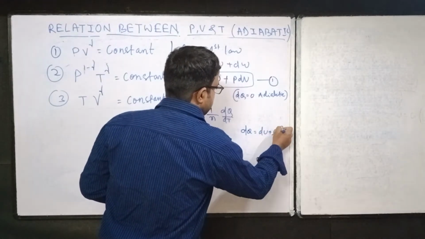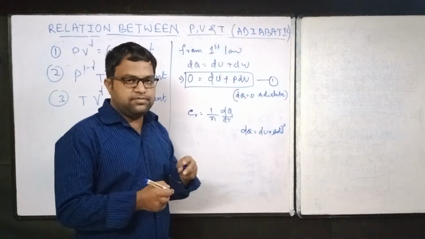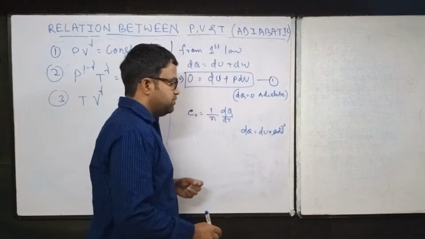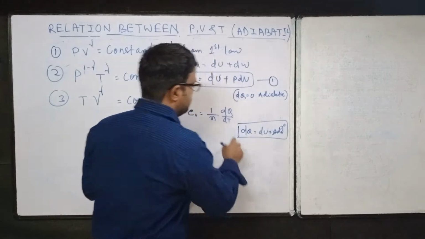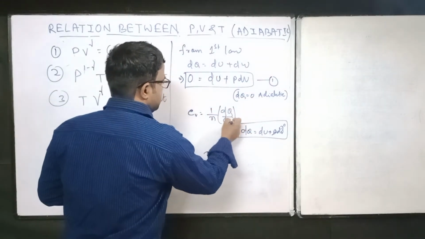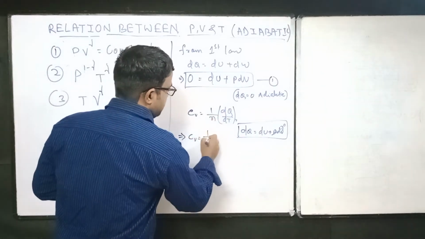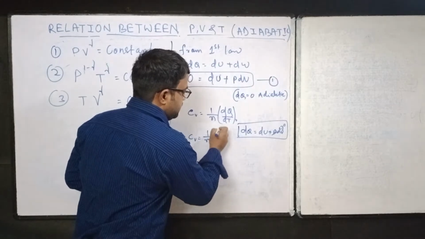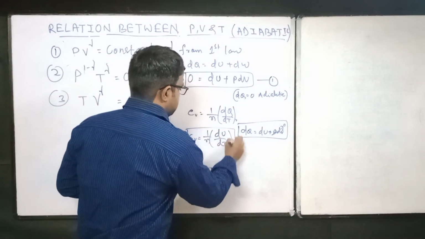So pdv will become 0 for constant volume, because we are calculating Cv here. So our system is at constant volume, the work done will become 0, so dq will equal du. So we can write 1 upon n, where n is the number of moles, du upon dT. So this is your Cv.